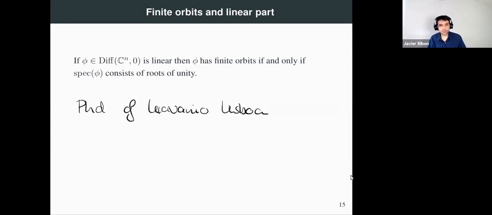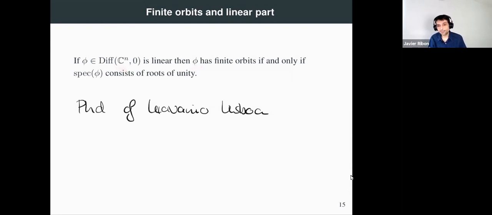Something that is interesting is if we consider one of these local biholomorphisms in the linear case, then this phi has finite orbits. Again, it's finite orbits in a neighborhood of the origin. It's not finite orbits in the whole Cn, even if phi, being linear, is defined in the whole Cn.